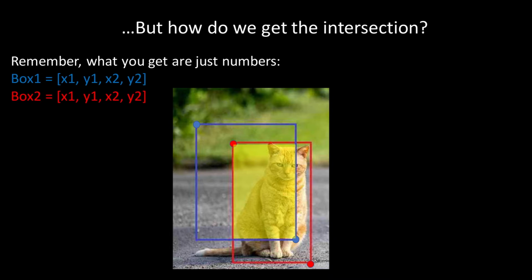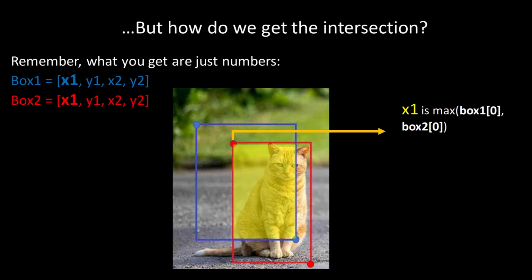But how we can find these more generally with a formula is that x1, for the top left corner point of the yellow box, is the maximum of the x1 values of the two boxes. And in this case, since the red corner point of the top left is further to the right than the blue one, the red one is going to be the maximum of those.